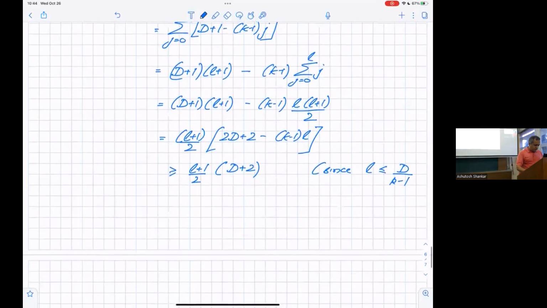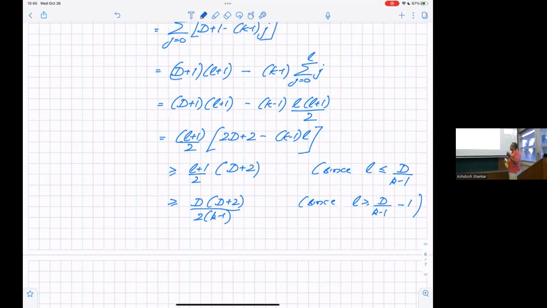So then I want to say that this quantity is now at least d. I want to just keep d in mind. This one I want to say is at least d into (d plus 2) by 2(k minus 1), since here I'm going to use the fact that l is greater than or equal to d by (k minus 1) minus 1.